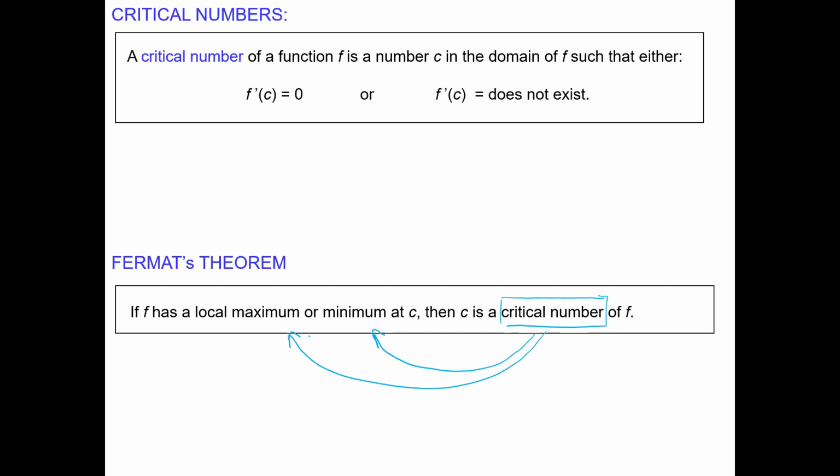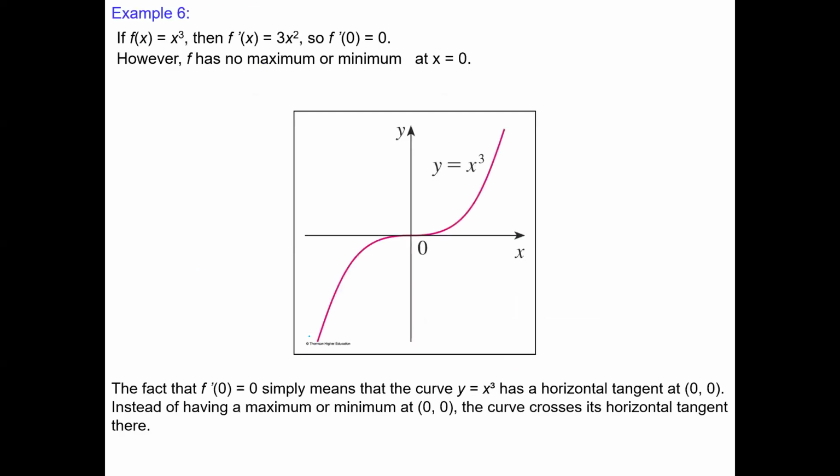Sometimes the function may not have a local maximum or minimum. And we did an example. Let's look at it one more time. x cubed is a good example because the derivative is 0 when x equals 0. But at 0, the function doesn't attain a local maximum or local minimum. That will always be a good counterexample.